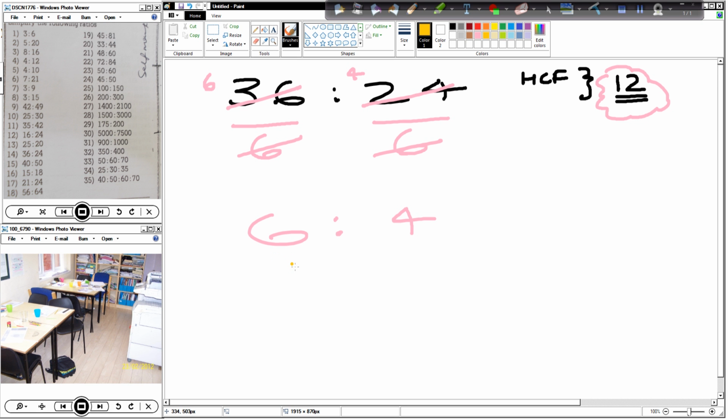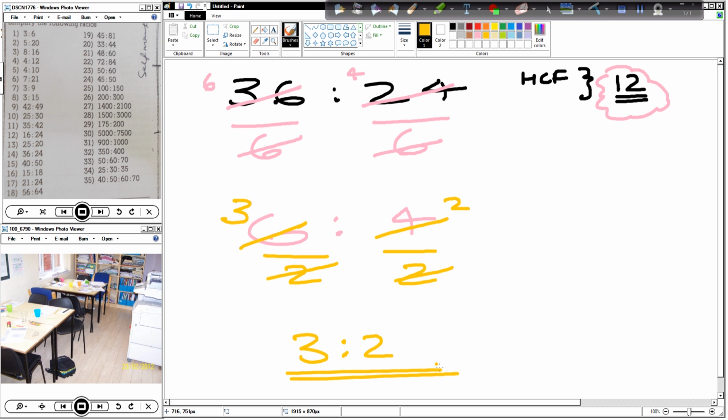Now, what will divide into 6 and also divide into 4? Ruqayya? Nobody else. And don't whisper the answer. 2. So now we know that these two will divide by 2. So 6 divided by 2 is? And 4 divided by 2 is? So now after two sets of cancelling, we've come down to 3 to 2.